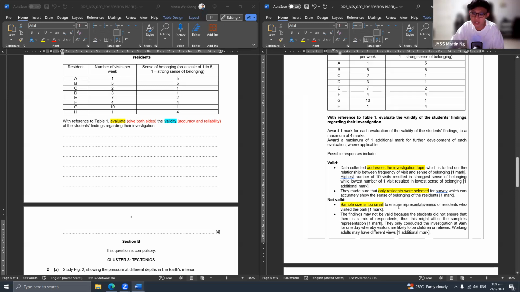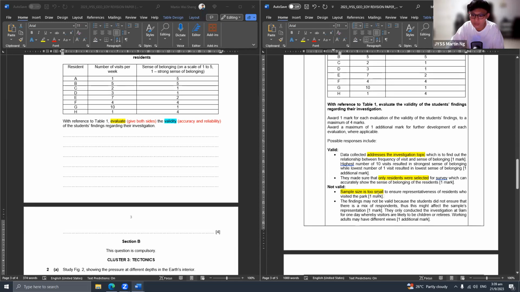It does not represent what everyone else would answer. In this case, when doing sampling, a good sample size would actually be about 30 to 40 people. So the sample size is too small to ensure representativeness of residents.